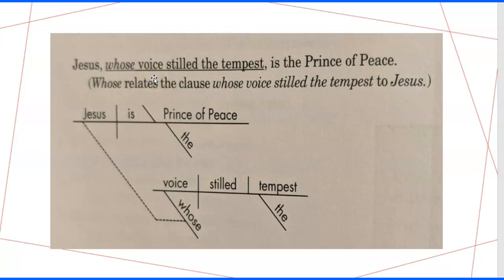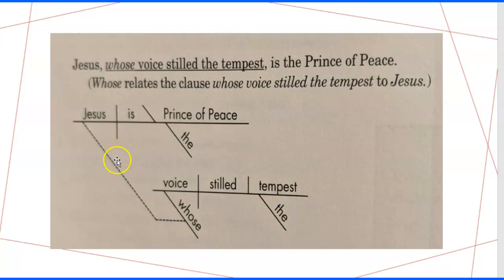Our third graders know that. And therefore, we have to ask the question, what stilled the tempest? Well, voice did. So we put voice in the subject spot, not whose. Voice did what? Stilled. Voice stilled what? Tempest. The word the. And then you've got to decide where does whose go.